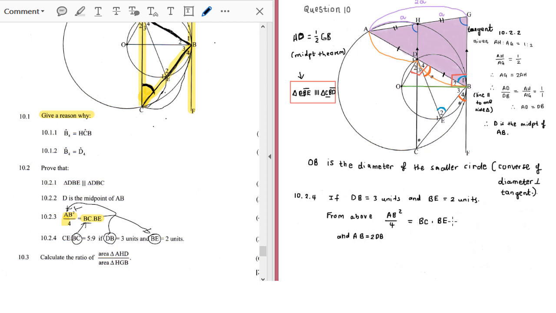So if we substitute this result into there, we are going to have 4 times DB squared over 4, so the 4's will cancel out, and DB squared is equal to BC times BE. DB is given to us as 3, so 3 squared is equal to BC times 2. So this will give us 9 is equal to BC times 2. Therefore BC is equal to 9 over 2 units.